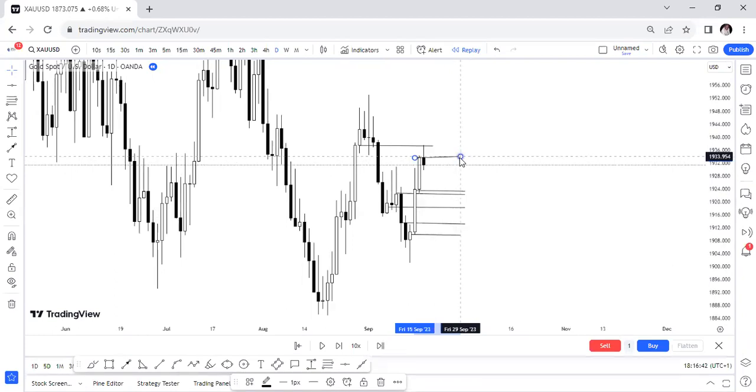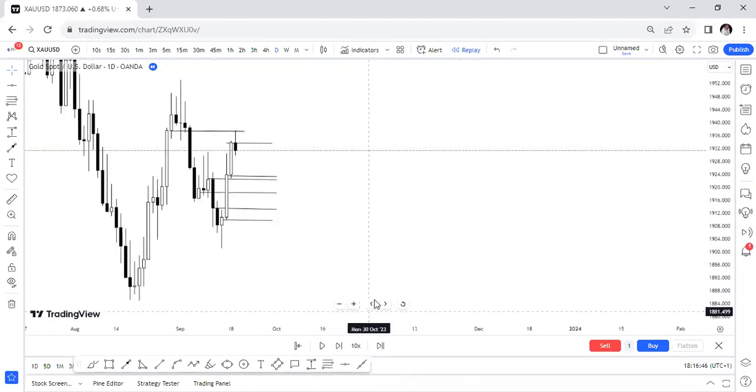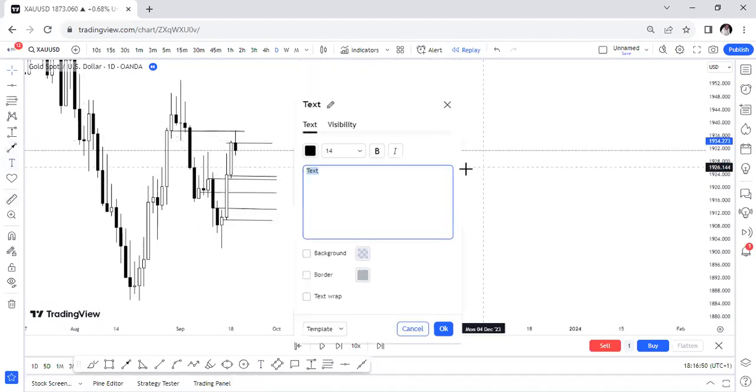And one thing you must look out for: you must validate the levels that are being tapped into. Before you first see your SNR validation in your setup, you want to see this. First thing you must see, you must come with a wick, a shadow. Price must tap into it.